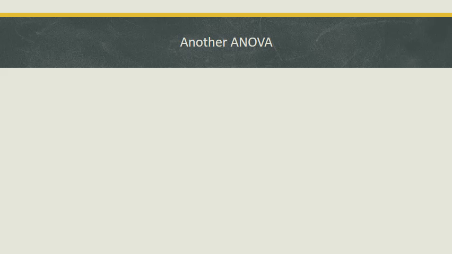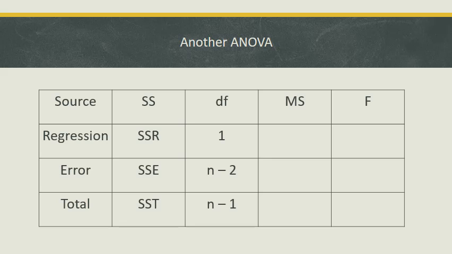You may have been suspicious in the last video when I started talking about the residual sum of squares. Your alarm was right. There is an ANOVA table behind the hypothesis test, and the residual sum of squares is a part of it. So hopefully you were paying attention during the last video. Anyway, our regression ANOVA table has 3 rows: regression, error, and total.